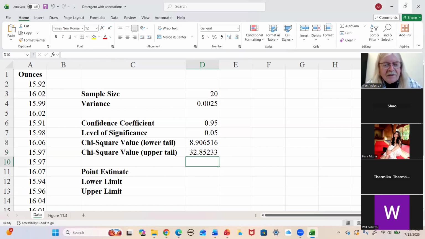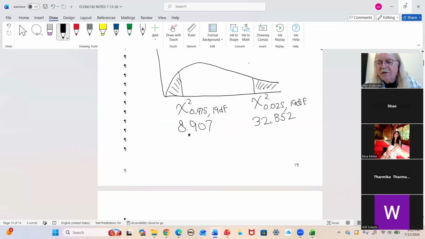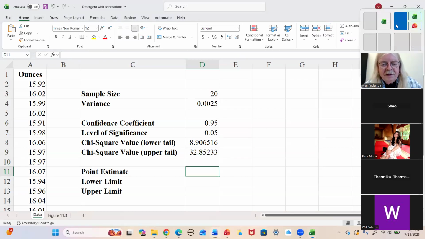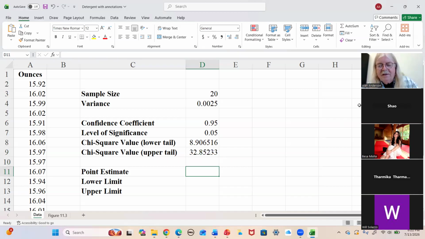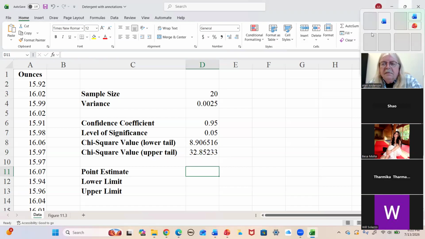So now this point estimate means just our sample variance. They could have said that, I guess, but point estimate, we'll go back to the slides. I don't know what's going on here.